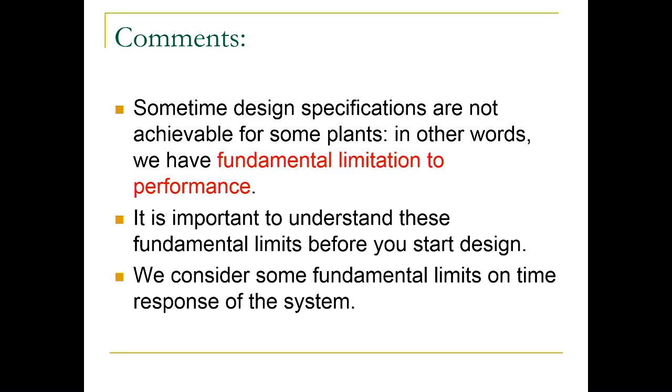In any case, it is very important to understand what's fundamentally unachievable before you start design. So what are the red flags? If you have an unstable pole, that's a red flag. If the open loop plant has an unstable pole, so basically if you're trying to stabilize the upper equilibrium of this guy with some torque, this is unstable in open loop.